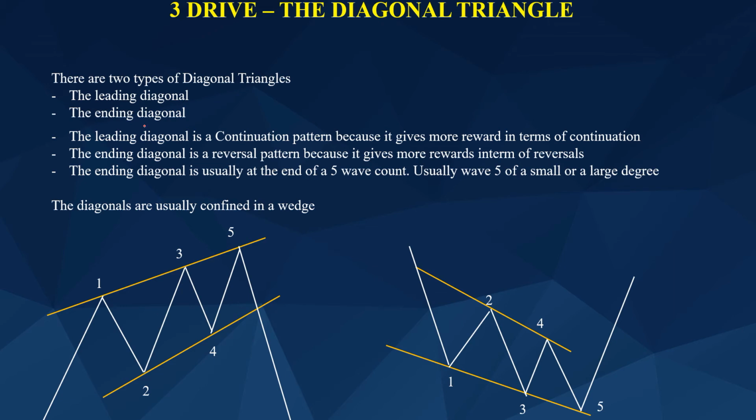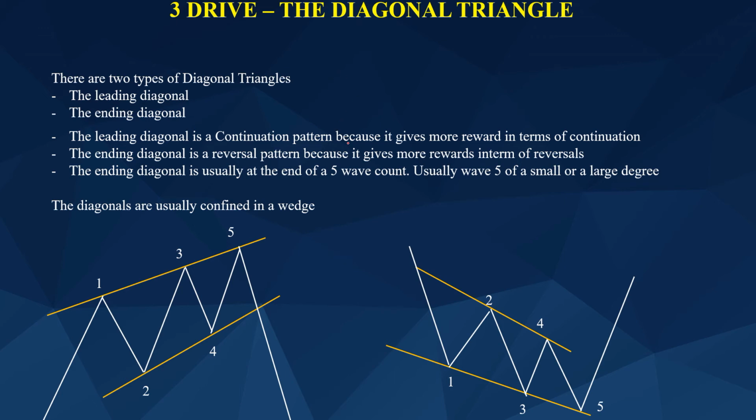Now, the leading diagonal is a continuation pattern. This is from my own perspective. I think the leading diagonal is a continuation pattern because it gives more reward in terms of continuation, and the ending diagonal is a reversal pattern because it gives more reward in terms of reversal.